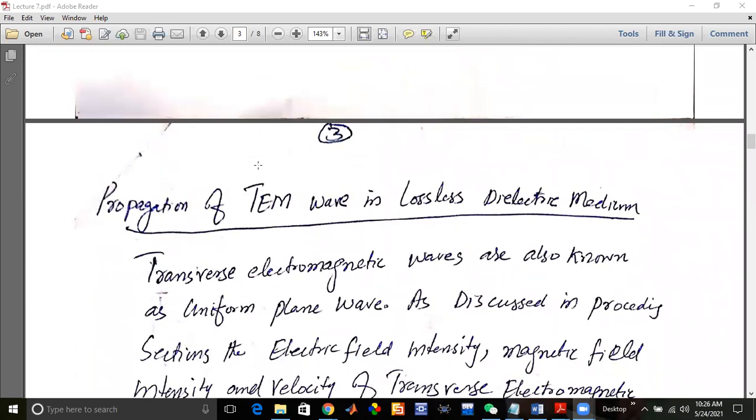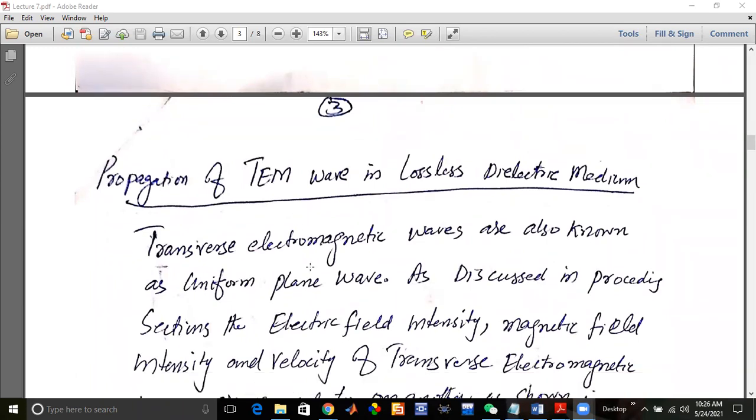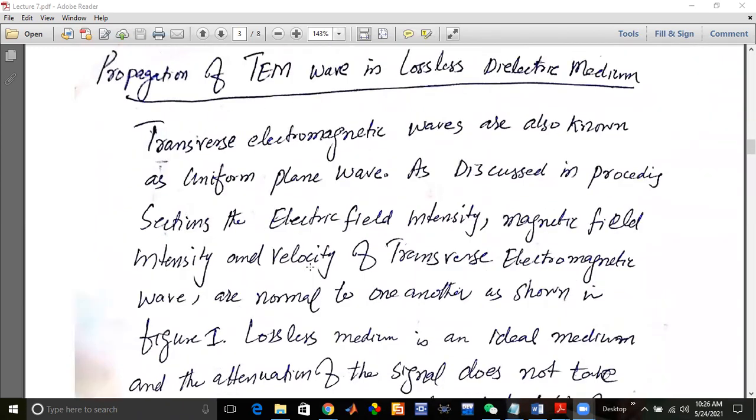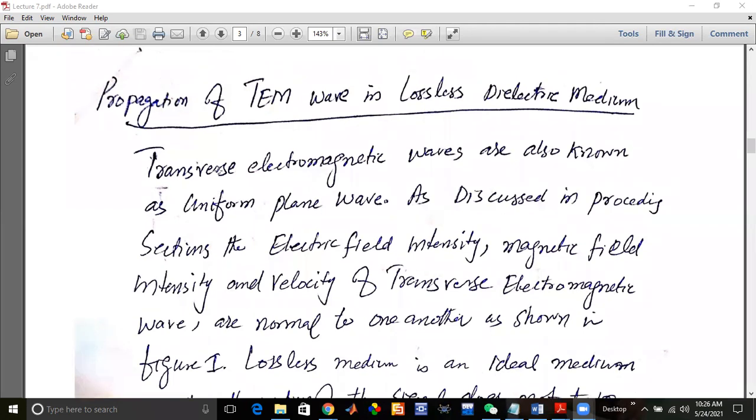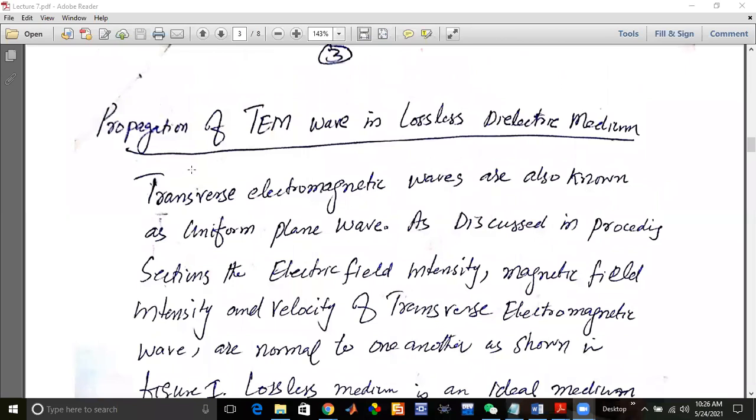Because the phasor form shows the specific direction. So when we want to study the light wave, in which direction it propagates, in which direction it has magnetic field, and in which direction it has electric field, for this we will use the phasor form.